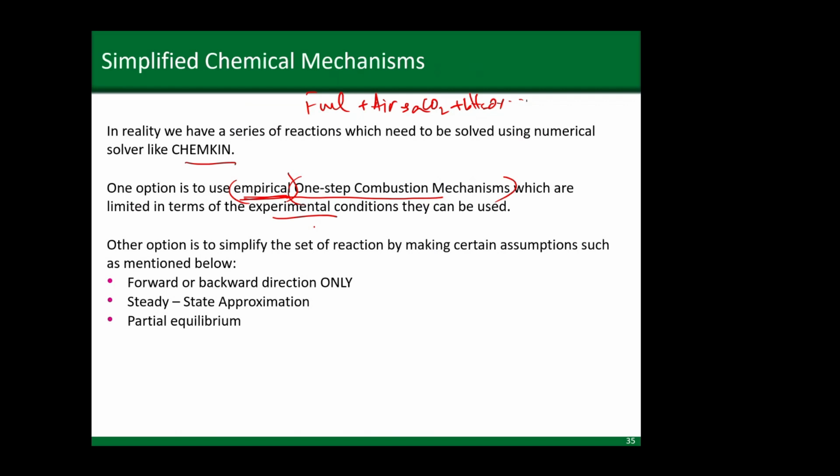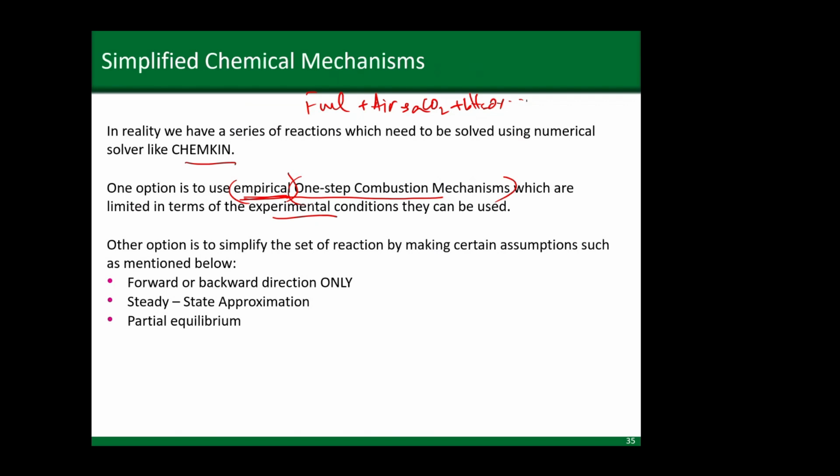So if your geometry is large and complicated, like engines, gas turbines, and others, we may want to look at a one-step combustion mechanism as a way to understand broadly what is happening and as a way to solve for it. Okay, so this is the reason we use it, and yes, it has its own constraints, but it is one option to go about it.